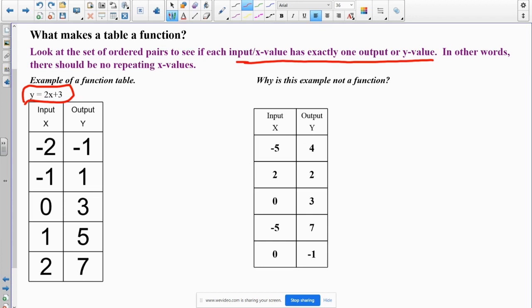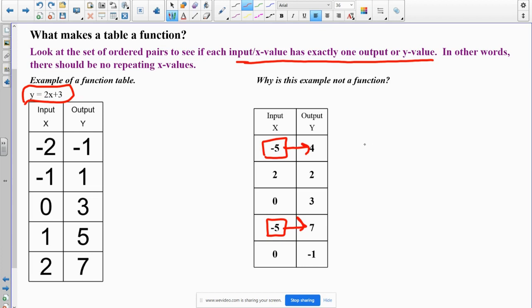So let's look at what's not a function. If we look at this input of -5, it got an output of 4. Well, when I quickly look at my x's, I also notice I have another -5. So I have an input of -5, and I have an output of 4, but I also have an output of 7.